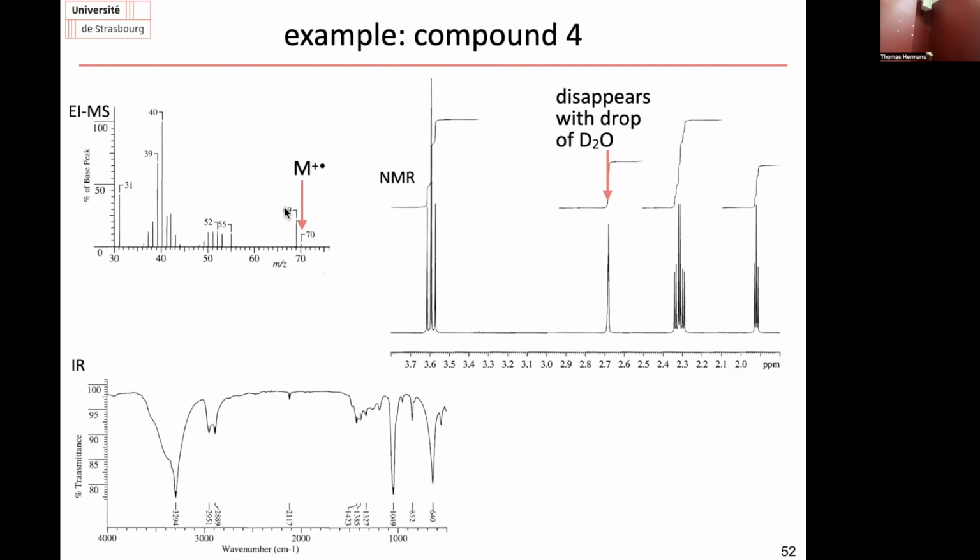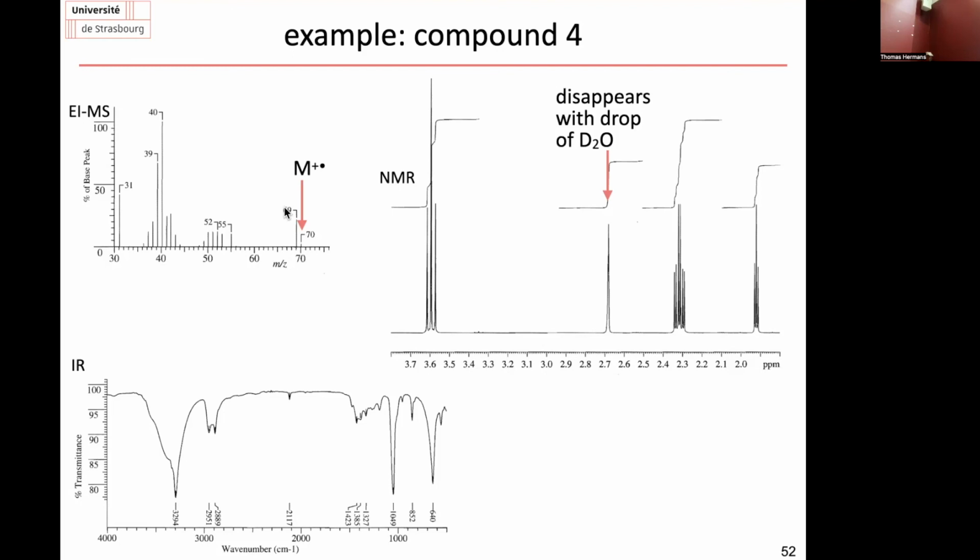Well, it has the OH, but that doesn't couple. So this gives you the normal triplet. And I have my OH peak, which gives a singlet, which disappears. And the formula matches, right? So I have 2, 4, 6 protons, 1, 2, 3, 4 carbons, and an oxygen. So we made it.